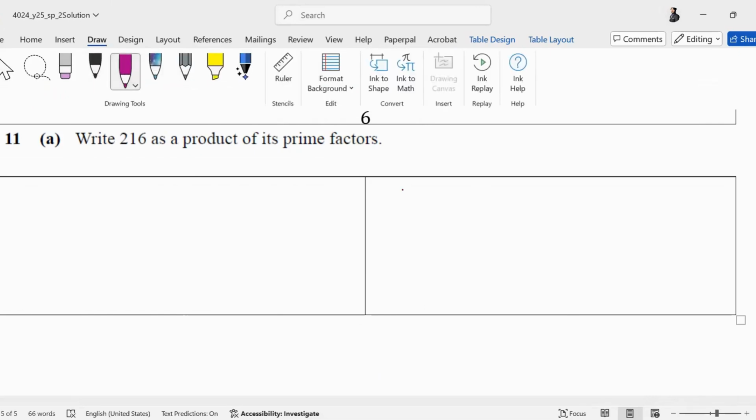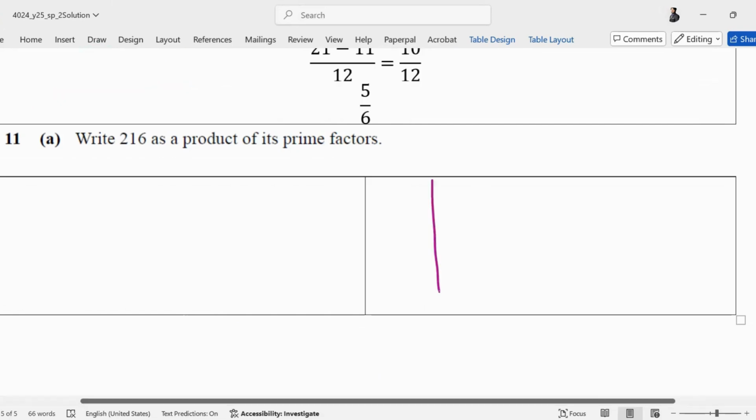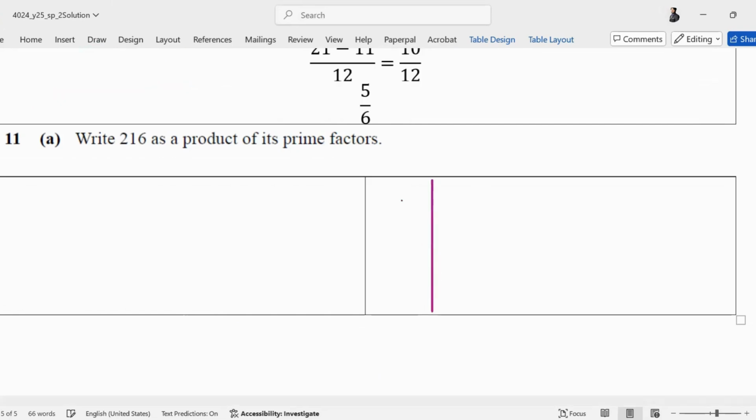Okay, so we'll start with 2, 1, and 6. First, we will divide it by 2. 2 ones are 2, 2 zeros are 0, and 2 8s are 16. And then we will further divide that by 2. 2 5s are 10, and 2 4s are 8.